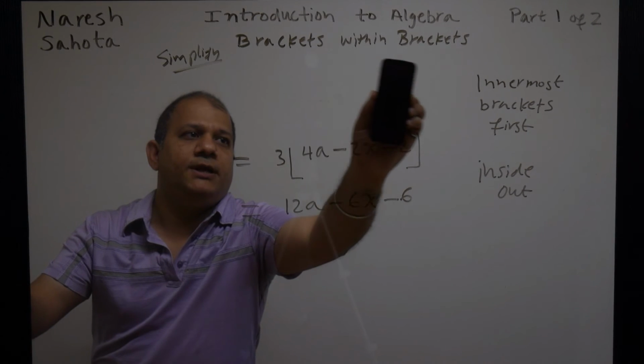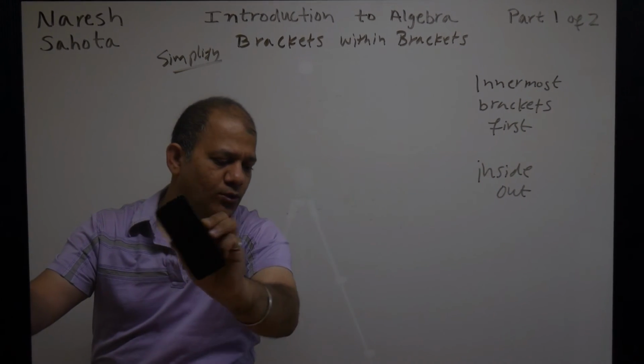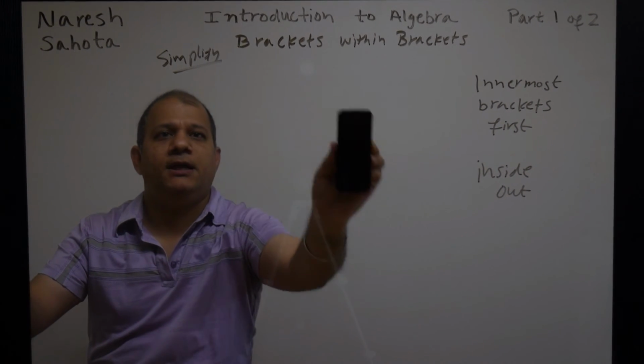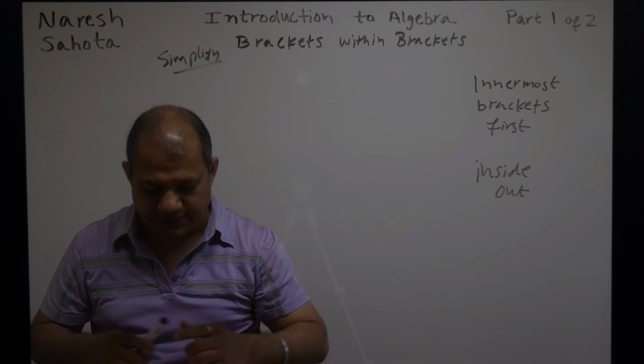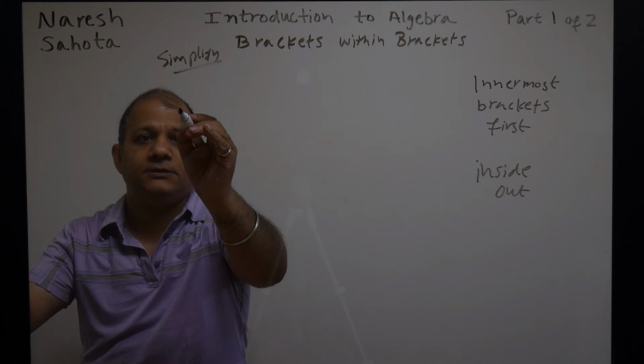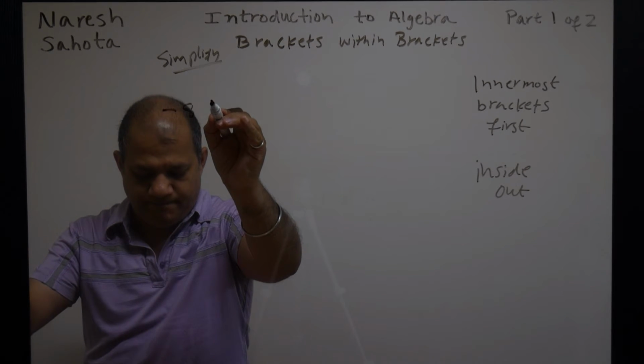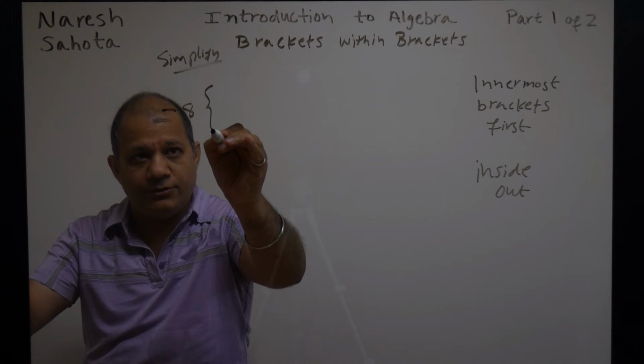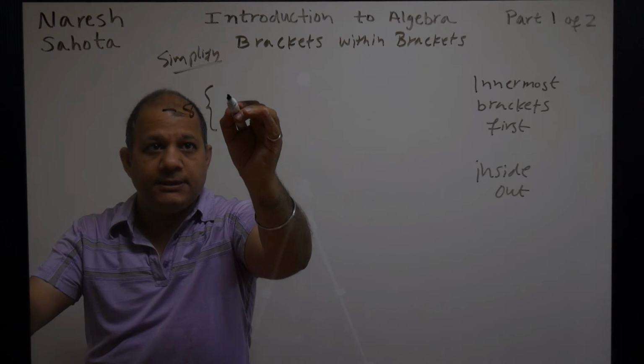Alright, so now maybe we'll do 1 or 2 more examples and then I will wrap this session. So let's look at something like this. So negative 8. So I'm going to use curly brackets.